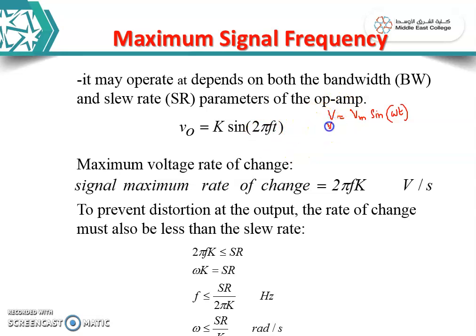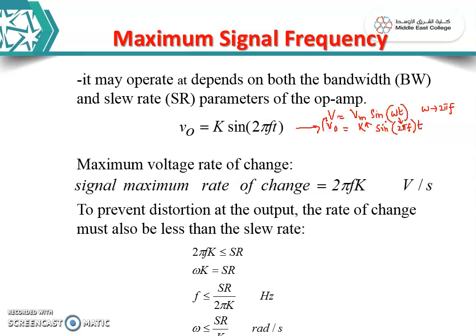There I have written V0 is equal to K into sine. What is your omega? I think all of you know omega. Omega is 2 pi f. So I'm going to write 2 pi f t. So this is the same equation. So always remember that K is your Vm, your V0 is actually your V, and this omega is your 2 pi f t.